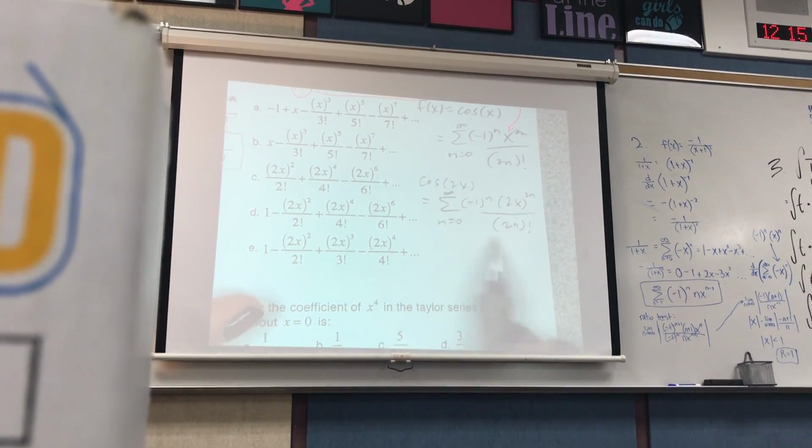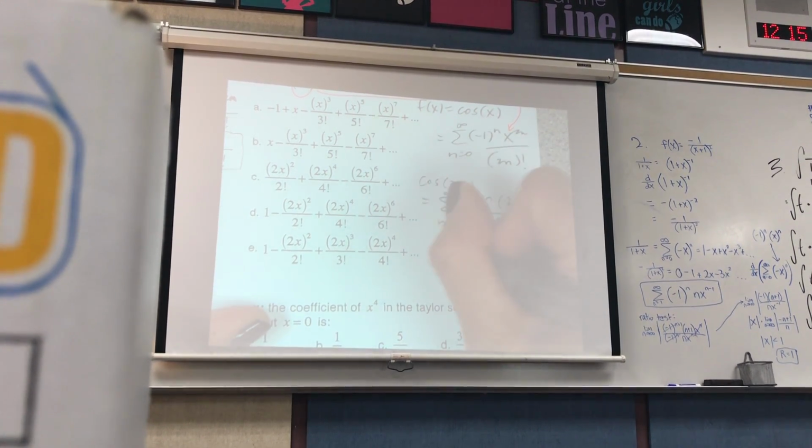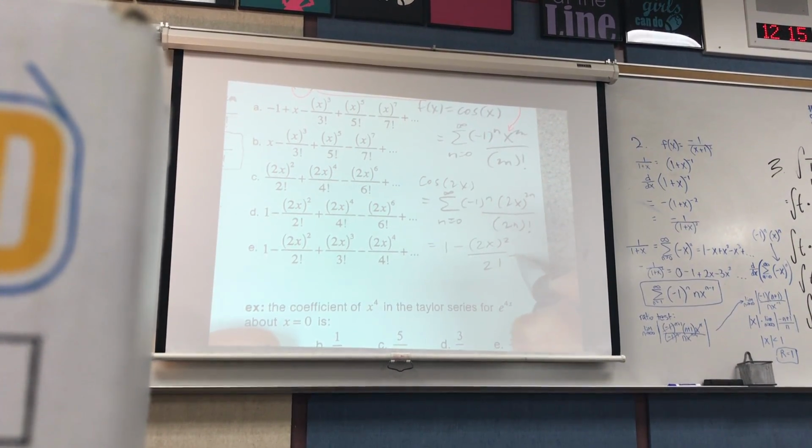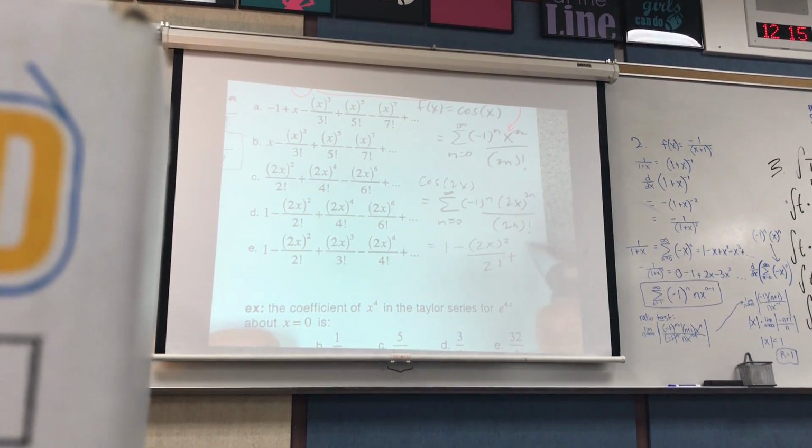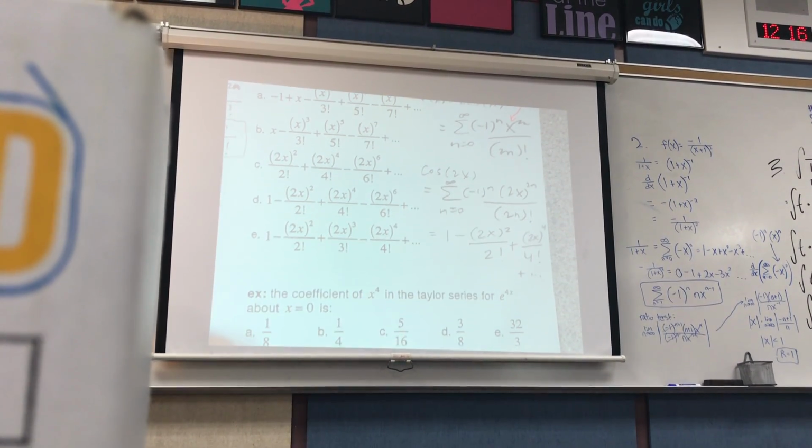Okay, so this is your formula for cosine of 2x. So let's plug in 0. Plug in 1. Then if you plugged in 2, which one matches?